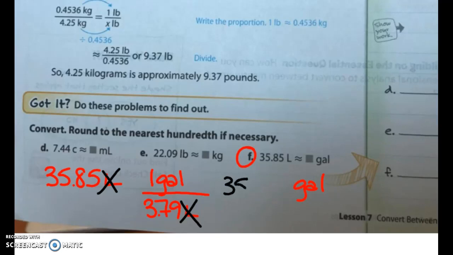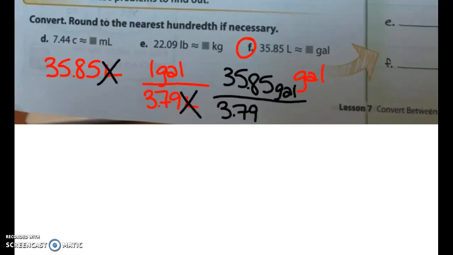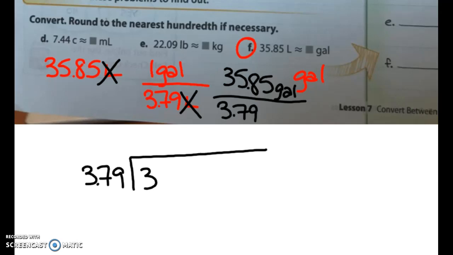When the liters cancel, then I'm left with just the division. So I've got 35.85 gallons divided by 3.79. And I've got to go down and divide. So when I do that, I get 3.79 on the outside of the box and 35.85 on the inside. Remember, I cannot divide with decimals on the outside of the box. I move it 2 times to the right, 2 times to the right.